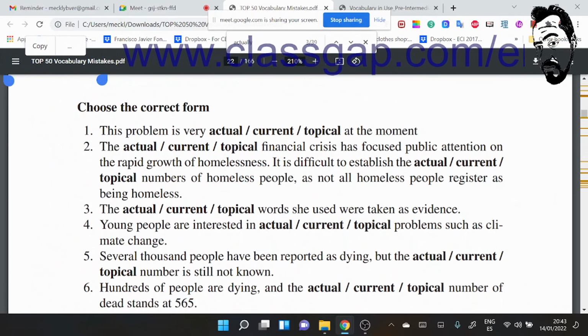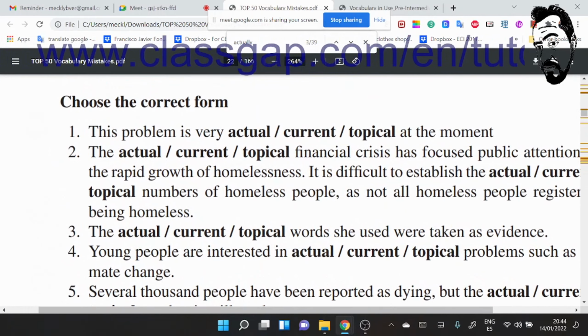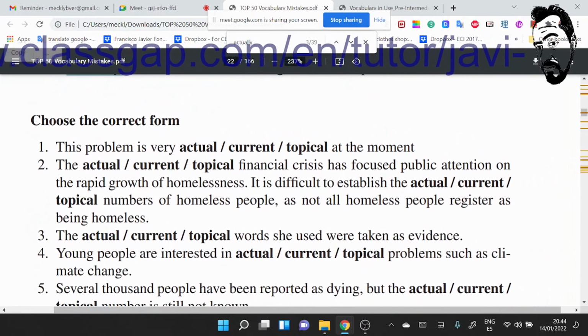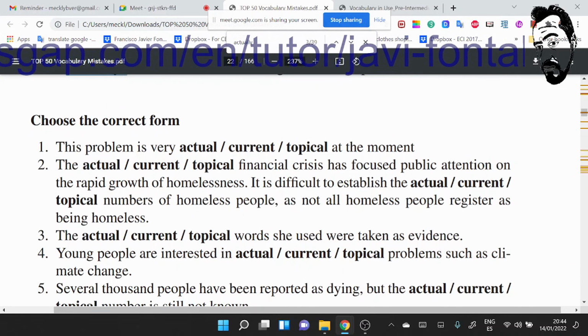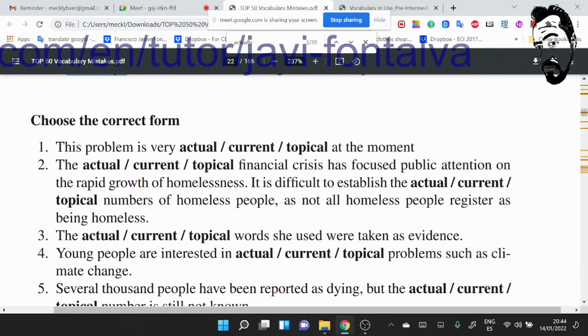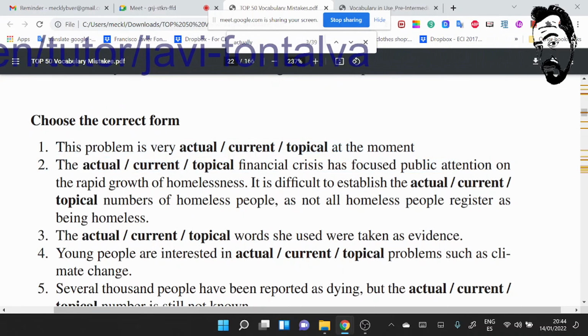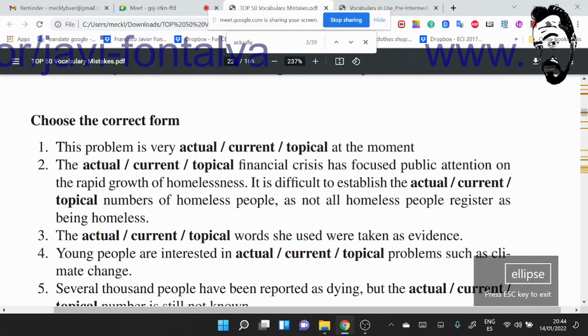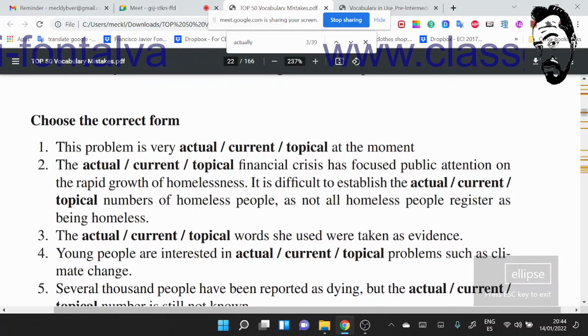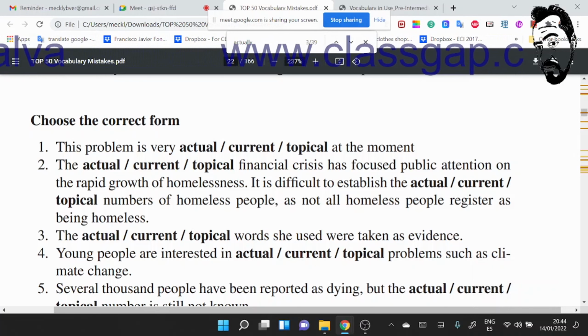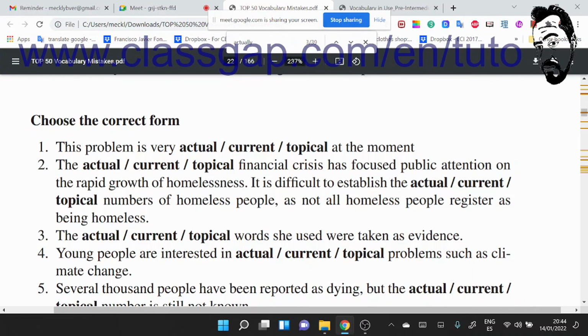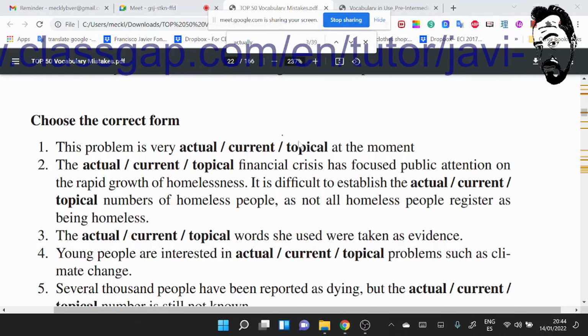Okay. We're gonna do only 4 of these. Okay, so you have to choose the word that makes the most sense. So number 1. This problem is very topical at the moment.